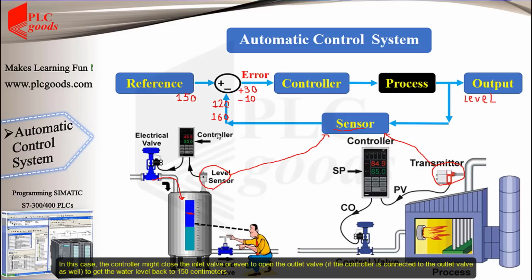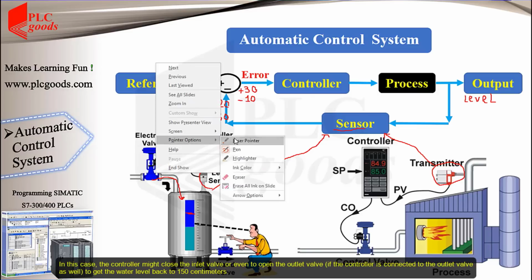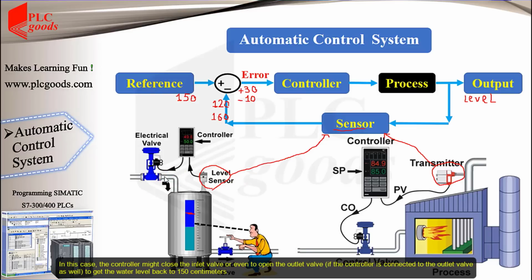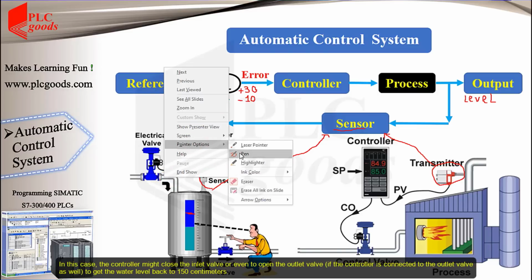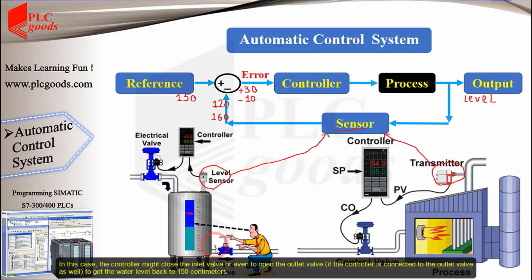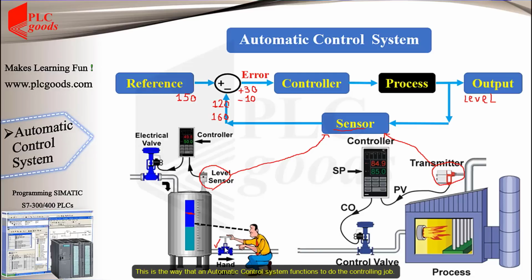In this case, the controller might close the inlet valve or even open the outlet valve, if the controller is connected to the outlet valve as well, to get the water level back to 150 centimeters. This is the way that an automatic control system functions to do the controlling job.